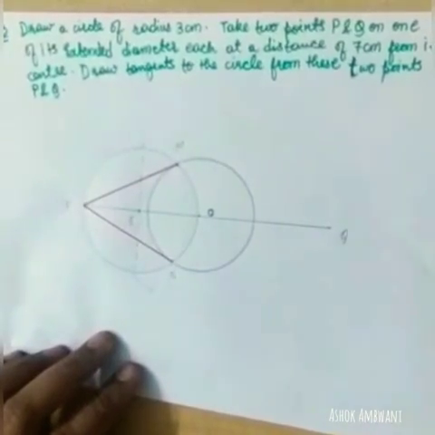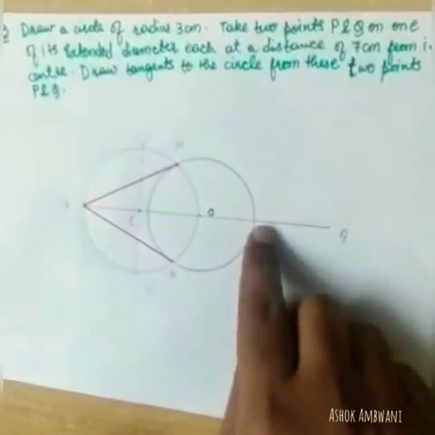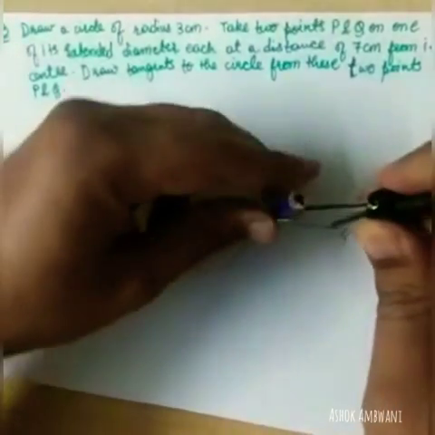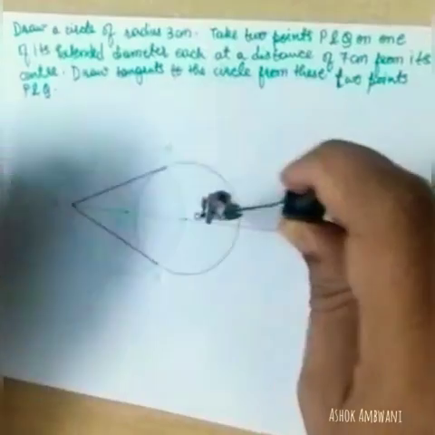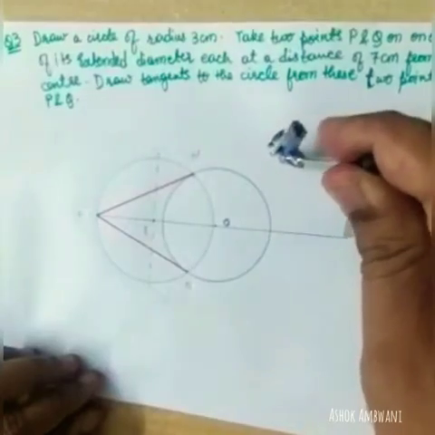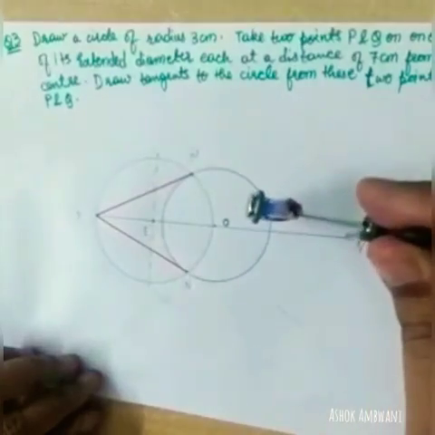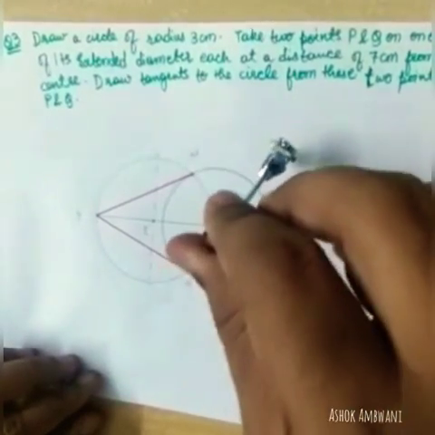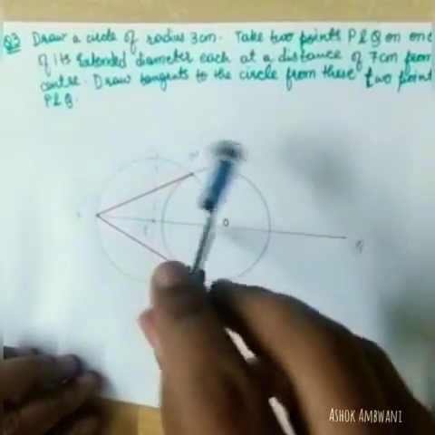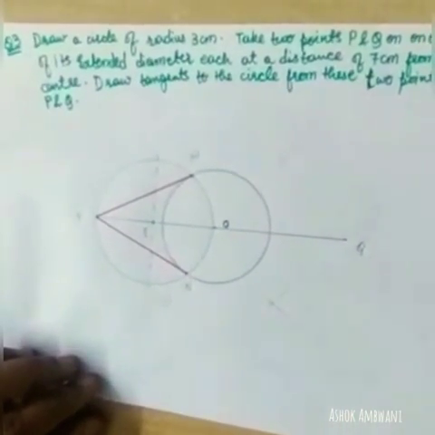So for doing that, again I have to obtain the midpoint of OQ. For obtaining the midpoint, I have to set the radius more than half OQ, so that we will draw the perpendicular bisector. So at center Q, arcs will be drawn in the upper and lower half plane, and then from center O, arcs will be drawn in the upper and lower half plane, where both these arcs intersect each other.